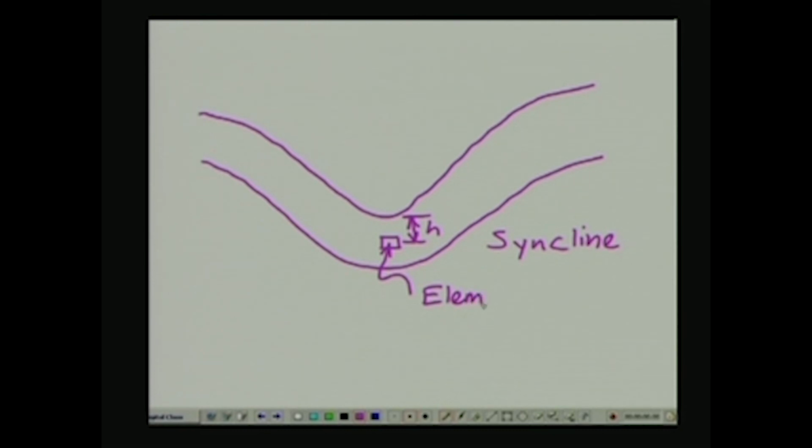So, in this case, had the topographic effect been absent, we would have said that the vertical stress, sigma v, is equal to gamma times h, where gamma is the total unit weight of the rock layer.